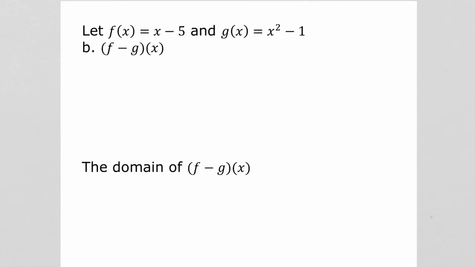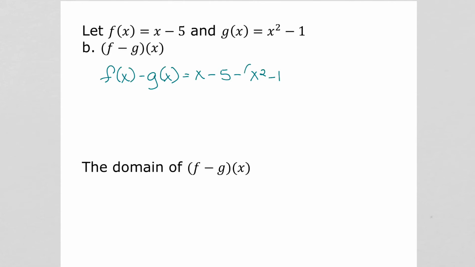Okay, next we have f minus g of x. That's the same thing as f of x minus g of x. So we have x minus 5 minus x squared minus 1. This is wrong.